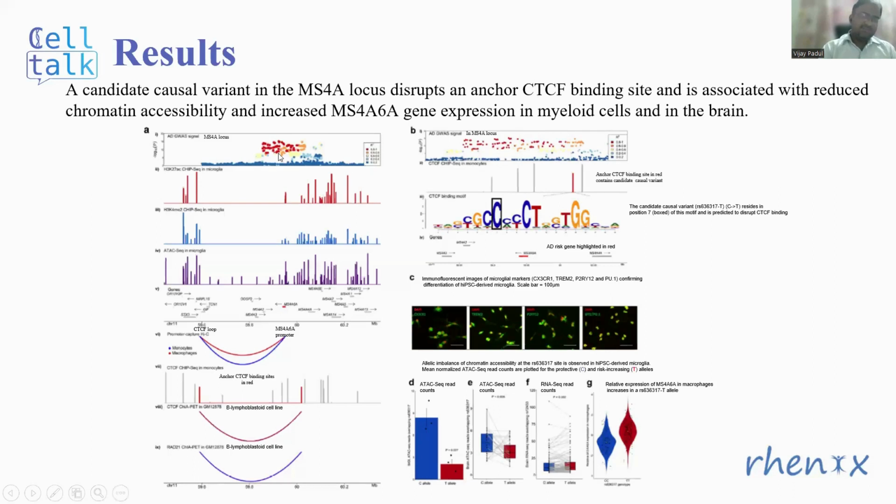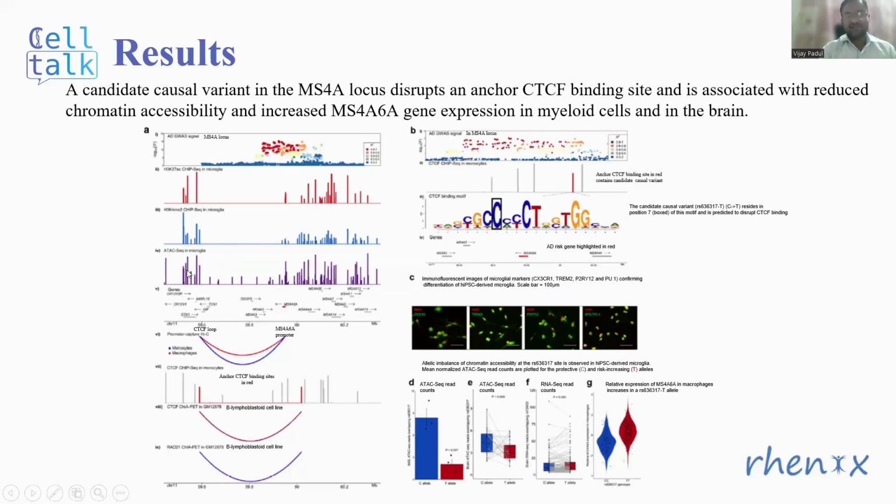So to understand this panel, there is this locus where highly enriched alleles are there. And then there is the data from ChIP-seq in which those particular transcription factors are binding in this particular location in this region. Again, data from another cell type, microglia, another technique, ATAC-seq in microglia.